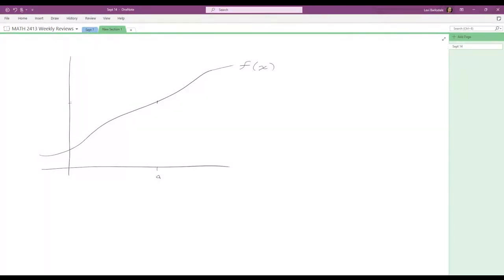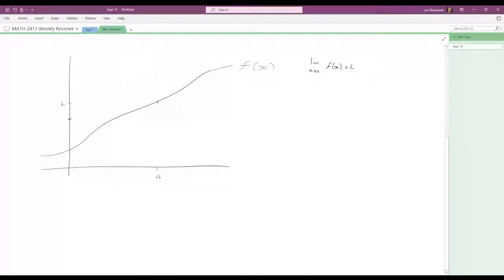So we always start off with the assumption that we know our limit. So we say, well, I think this is what my limit's going to be. And we point out a specific y value.